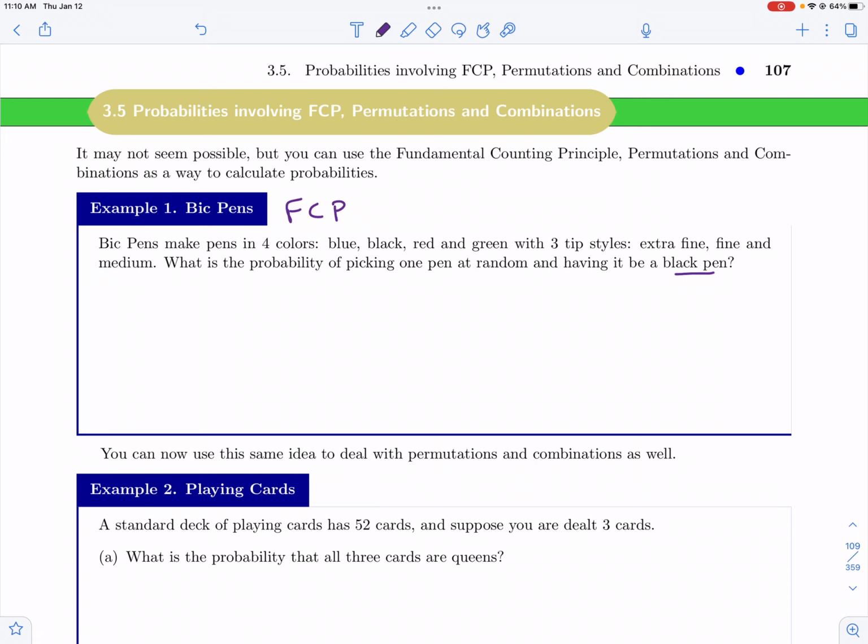And so when we're trying to calculate our probability in general, remember what we're trying to do is figure out the number of elements total, which is going to be our bottom number, and the number of ways that our thing that we're interested in can be formed. So for this one, if we want to find the probability of a black pen, then in words, what we're looking for is first we need to figure out how many total pens can be made for our bottom number.